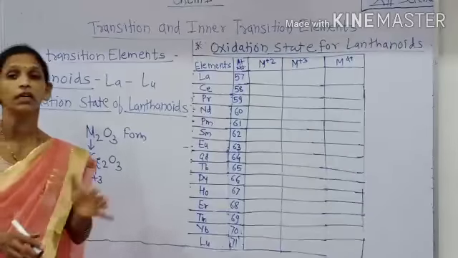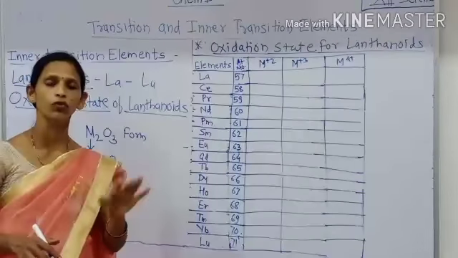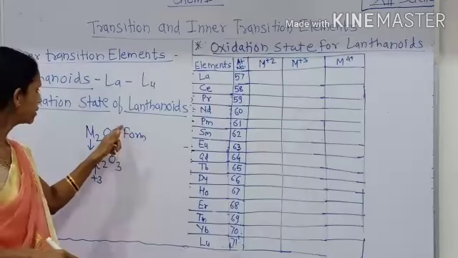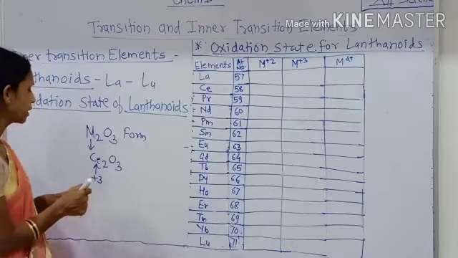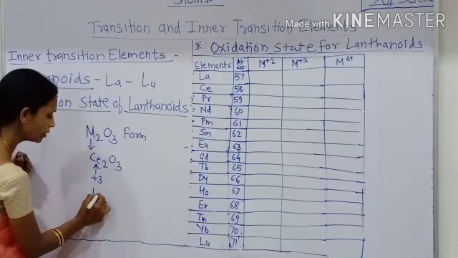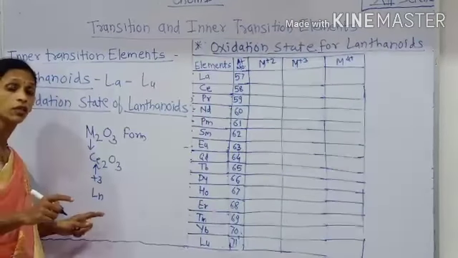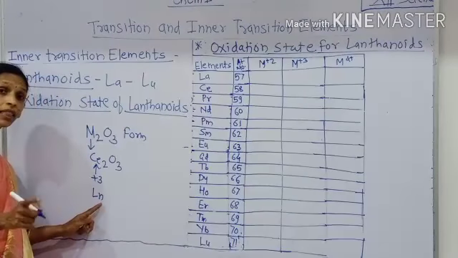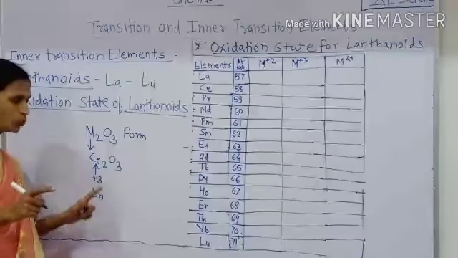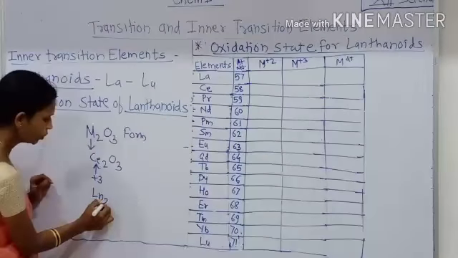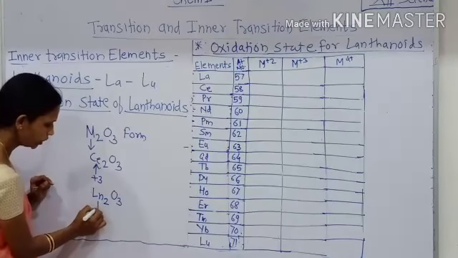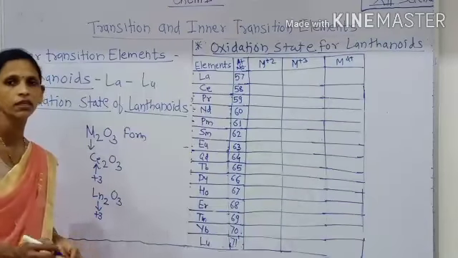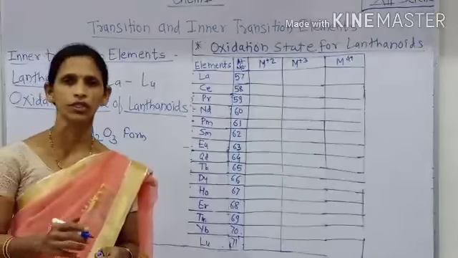All lanthanoids form stable oxides in that form. We can also write this as Ln2O3, where Ln is a general symbol for all lanthanoids from La to Lu, in which the lanthanoid is in the common +3 oxidation state.